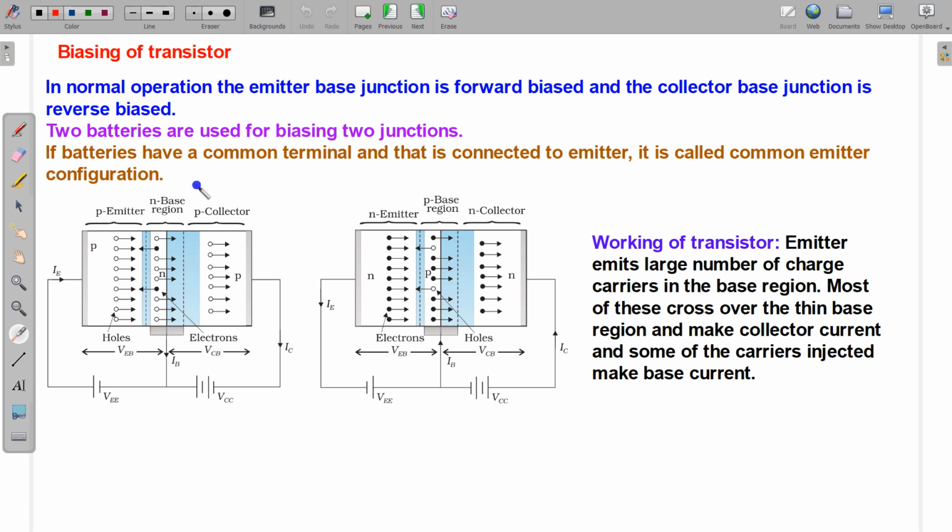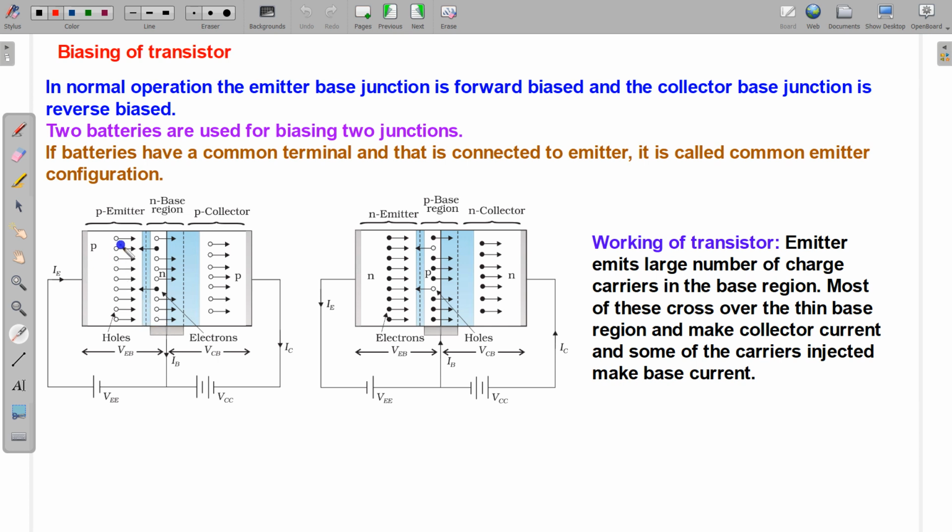But since it is just a three terminal device, we just take one terminal as common and connect it in the circuit. In this diagram I have shown the common base configuration.